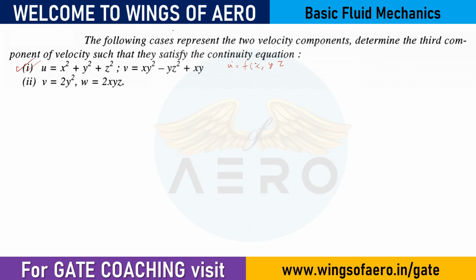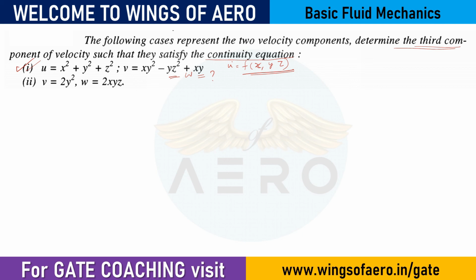That means it is a three-dimensional flow, so we should have a third component also, which is missing, that is w. We need to determine the third component by satisfying the continuity equation, that means each flow is an incompressible flow. Is the question clear?